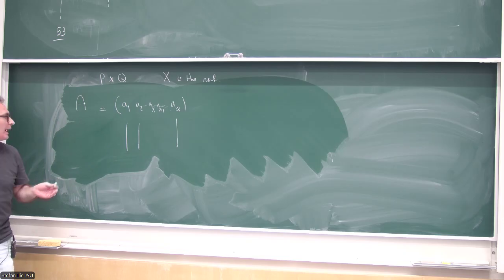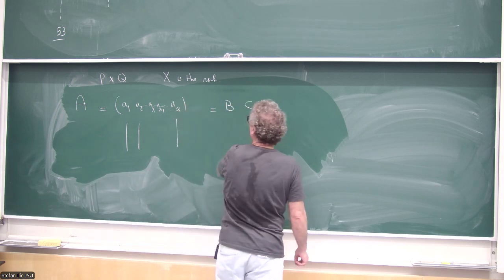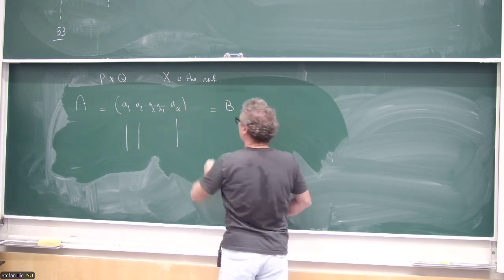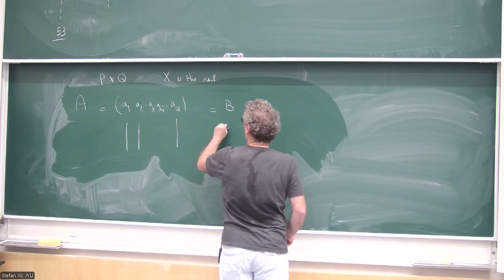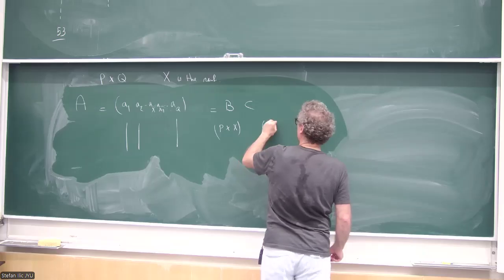Yes. Okay. Now, the first thing I want to show is that if it is of rank chi, it can be compressed. It means that you can write it as B times C, where B is of size P times chi, and C is of size chi times Q.